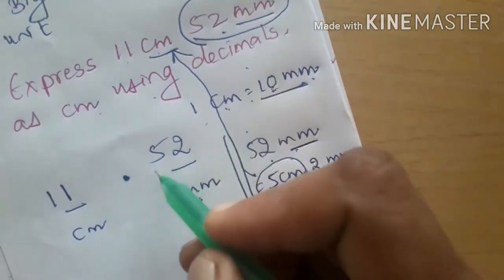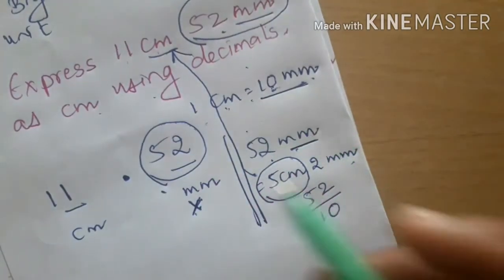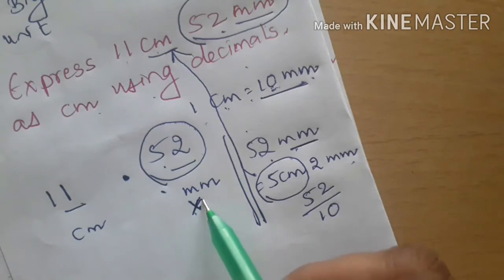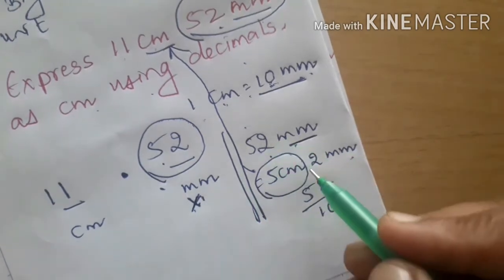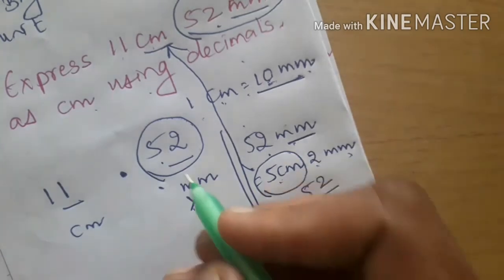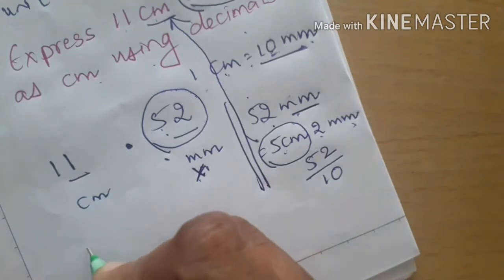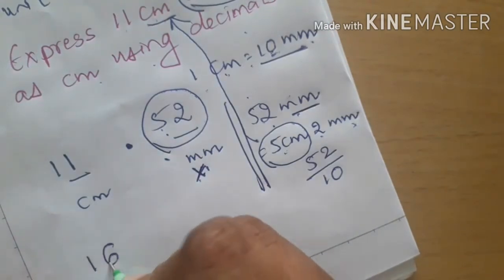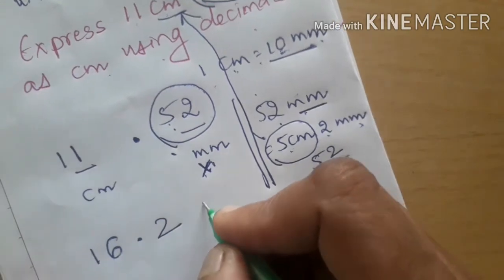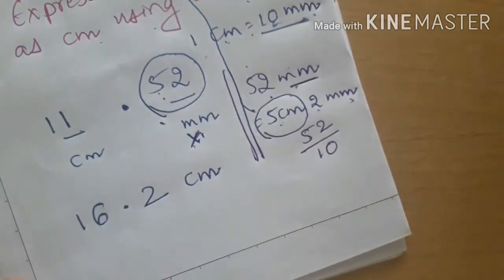Because you have to think like this: when 52 millimeter is converted, it reduces to 5 centimeter and 2 millimeter. So 5 centimeter is to be added here. So 11 plus 5 comes to 16.2, and the bigger unit, that is centimeter. I hope this is clear.